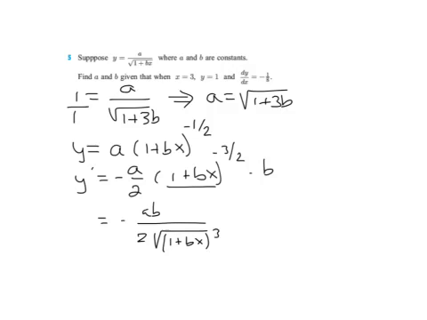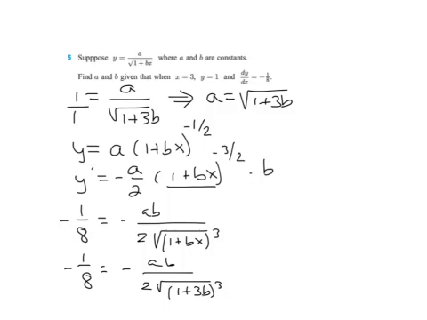But we know, because it's given in the problem, that dy over dx is negative 1 over 8. We also know that x is equal to 3. So let's plug in: negative 1/8 is equal to negative ab all over 2 square root of 1 plus 3b raised to the third power.